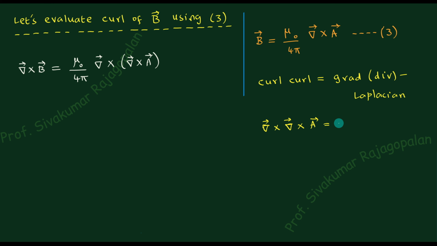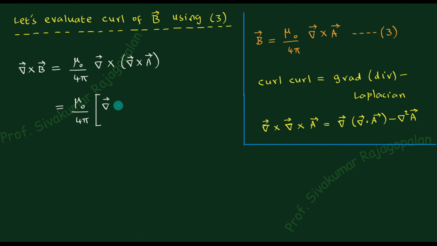So like this you read curl of the curl equal to gradient of divergence minus the Laplacian. If you want to write it in terms of an equation, it looks like this: gradient of divergence minus Laplacian, which is del square. Sometimes reading in terms of curl grad is easier, so that is why I'm reading it like that. So once this is clear, let us substitute that now.